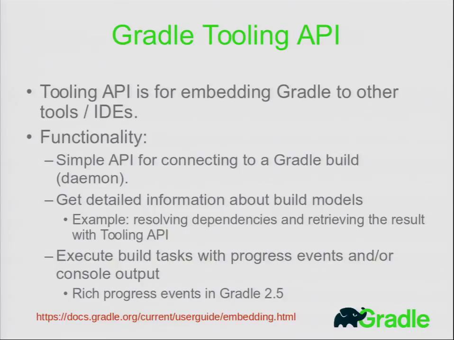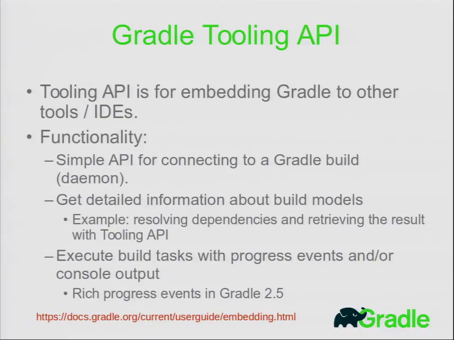So the Gradle tooling API, that's what was used here to embed Gradle in Grails, the CLI. It's a pretty simple API for connecting to a Gradle build, and the client part of the tooling API takes care of launching the Gradle daemon, which it will connect to.